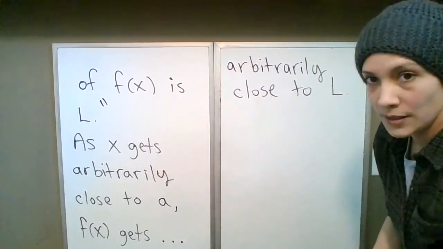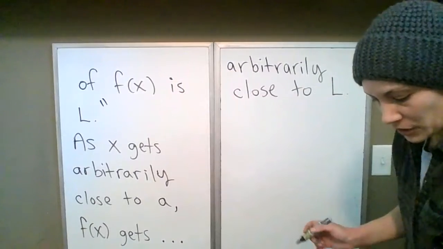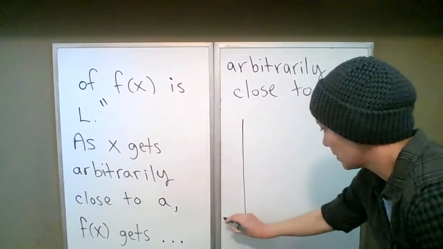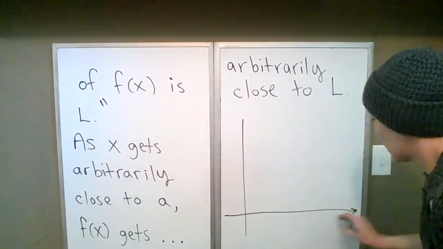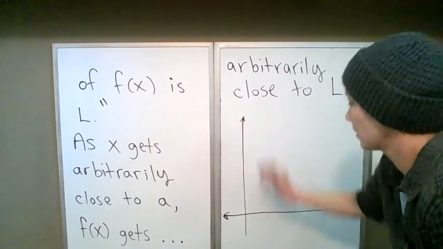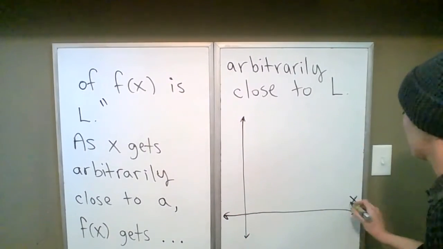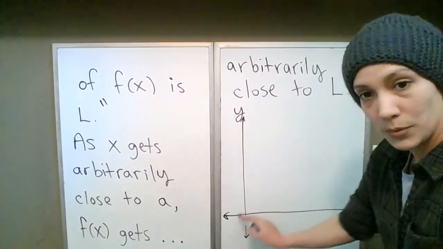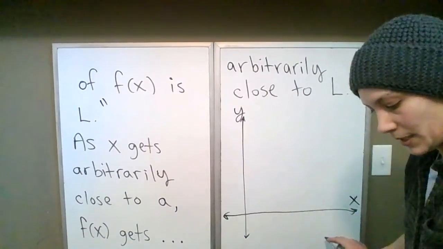So I've got just a function that kind of swoops around like this. I'm going to go through the origin, come down, and back up.